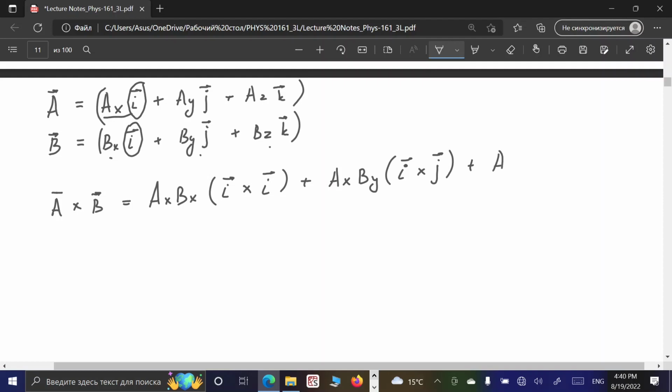So we continue. We write ax times bz, and this will be i unit vector times k unit vector. So that is our first term from the first parenthesis. We need to go to the second term now.